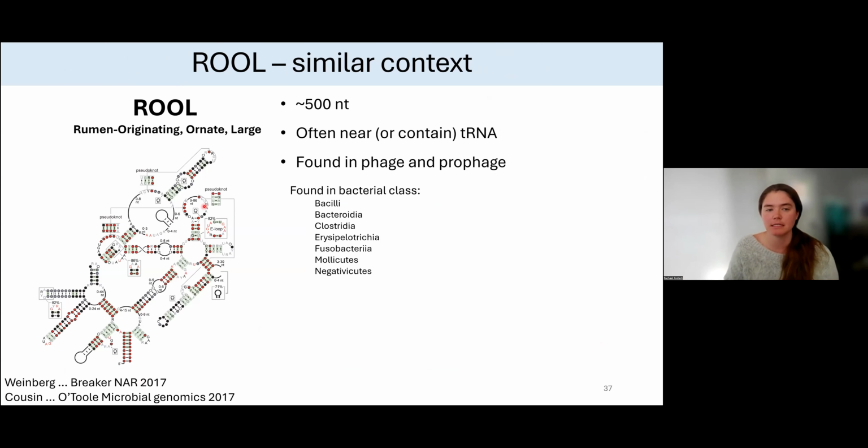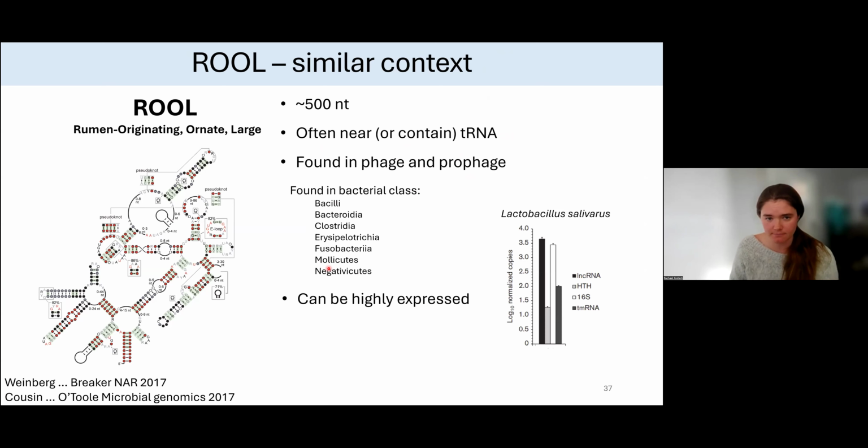For this RNA family, there was no reason to believe that they would be similar in structure, but they do have a similar genomic context. It is roughly half the size, one monomer. It is also often near tRNAs. It's found in phages and prophages, and in a pretty diverse set of bacterial classes.